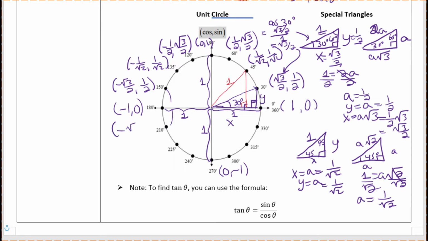So here both of these are going to be negative. And then the 225 is going to be the same as the 135, but both coordinates are negative. And then the 240, same as the 120, but both coordinates are negative.